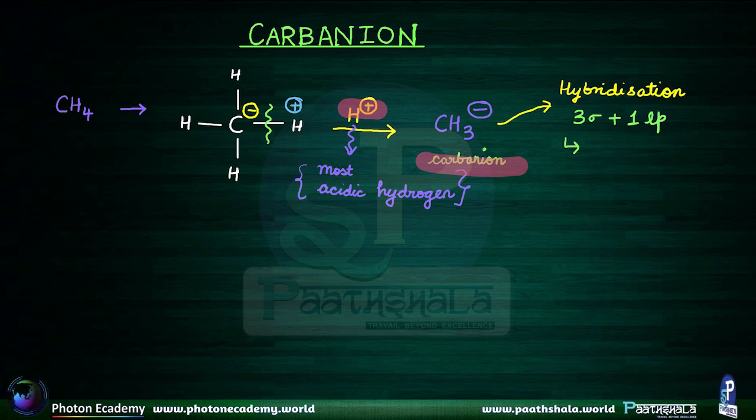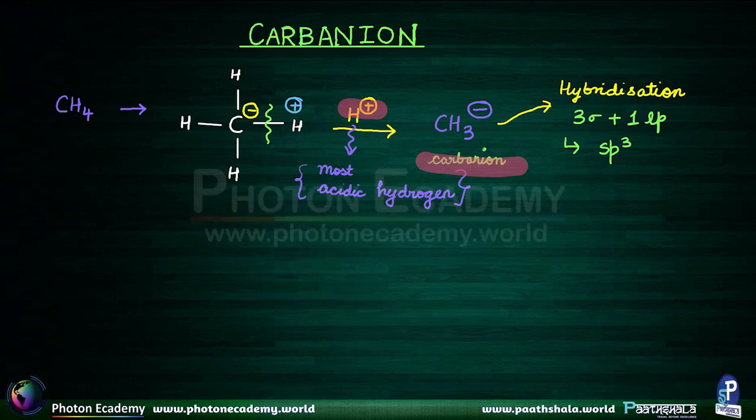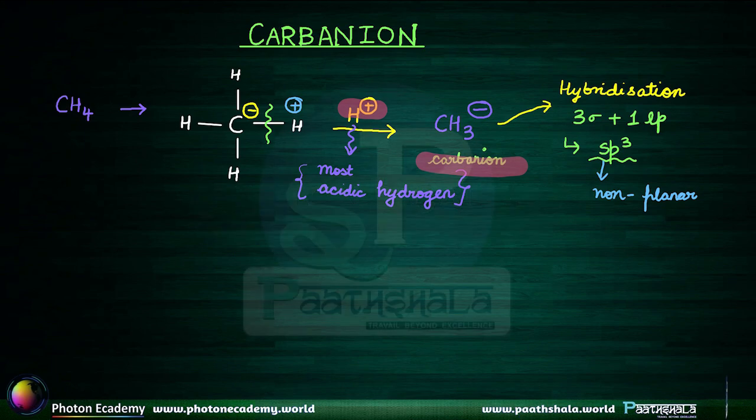So this is actually an sp3 hybridized species. Now, since it is sp3 hybridized, we can call it non-planar, because an sp3 species is not lying on a single plane, so it is called non-planar.